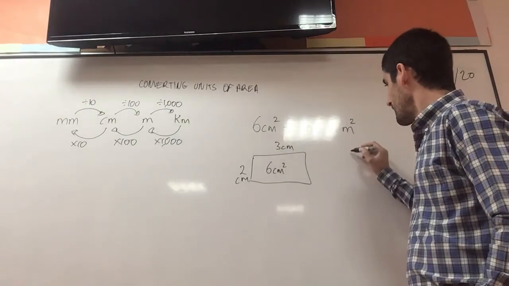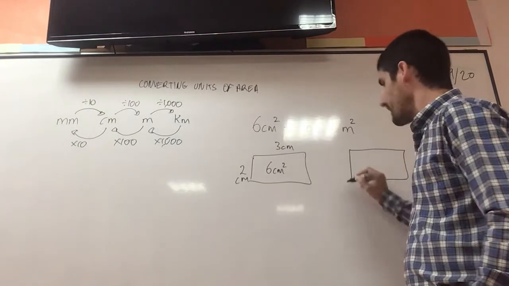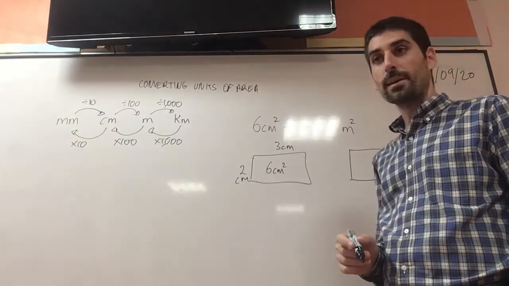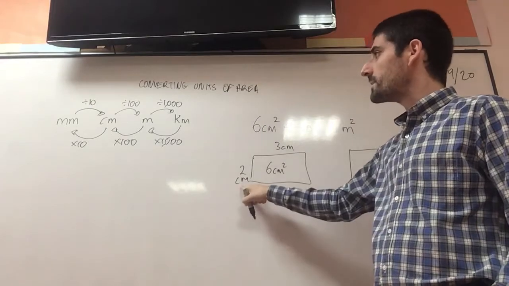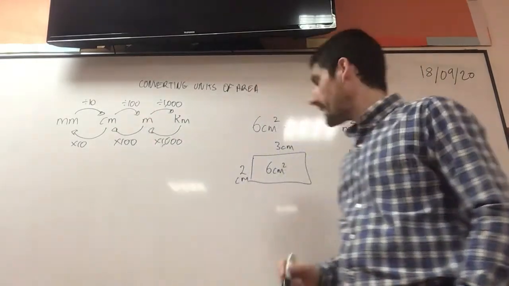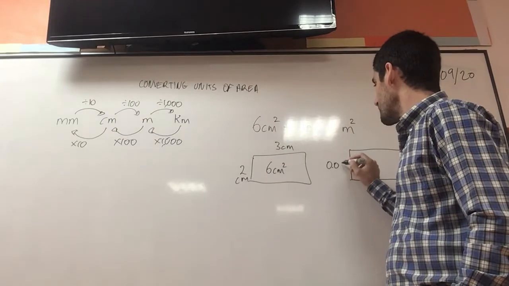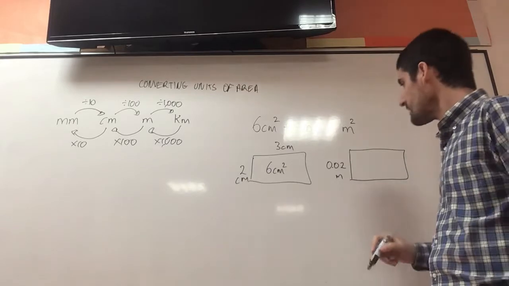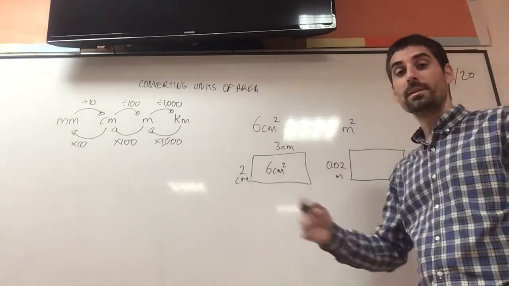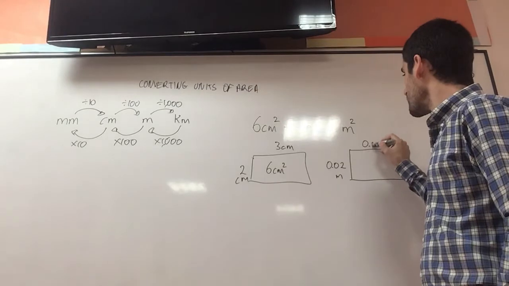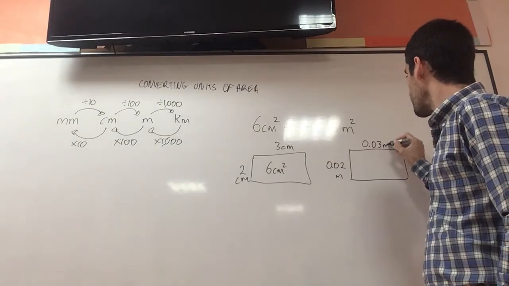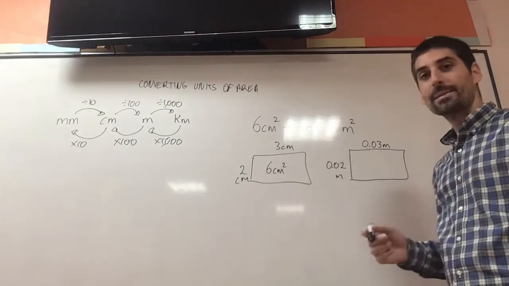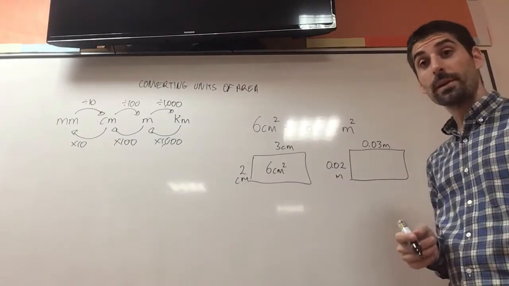Now, if I have the same rectangle, but instead of in centimeters I write in meters, 2 centimeters divided by 100 is 0.02 meters, and 3 centimeters into meters, again 3 divided by 100 is 0.03 meters. So if I want to find the area, I need to do 0.02 multiplied by 0.03.